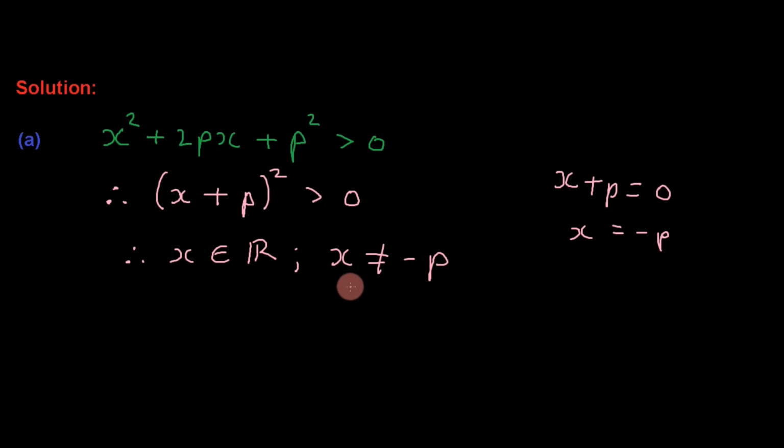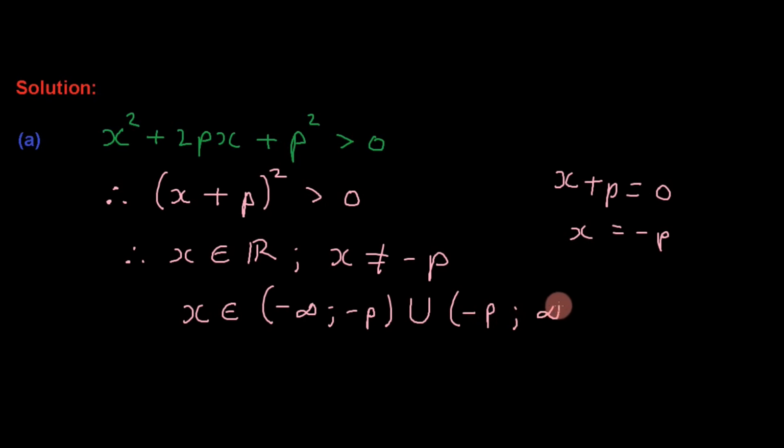We can also write this in interval notation as follows. x will be an element of the union of two intervals. The first interval is from negative infinity to negative p. So union. And the second interval will be from negative p to infinity.